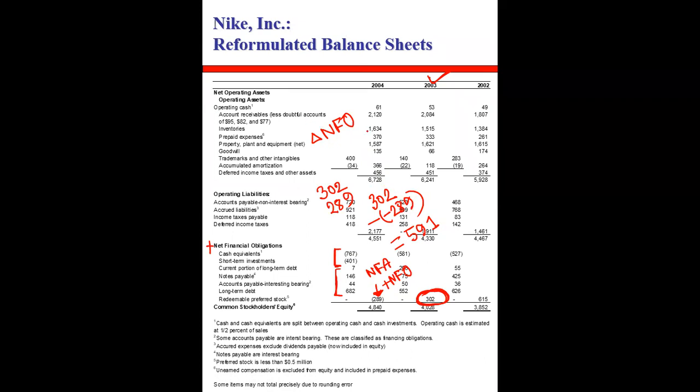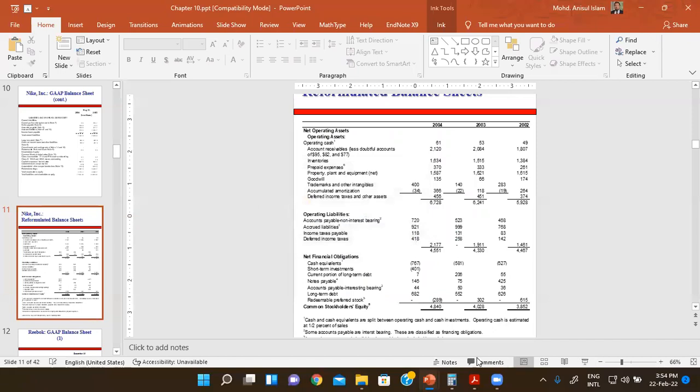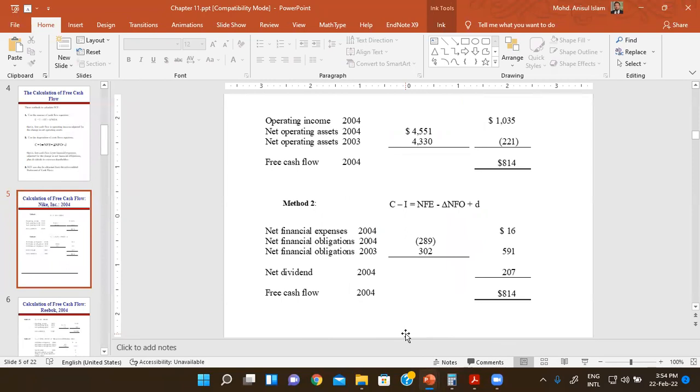So the changes in net financial obligations is a positive number, and it indicates what? It indicates that the company has taken... you didn't understand the point of 591. Okay, let me summarize here.